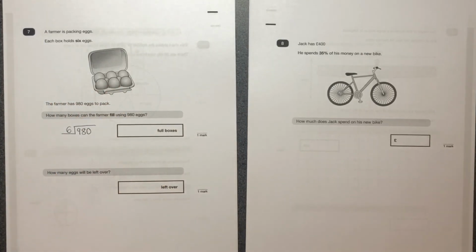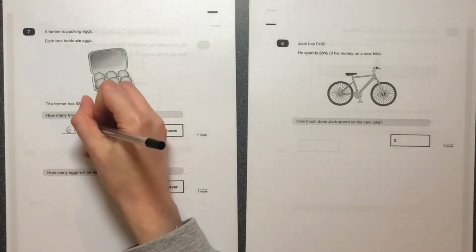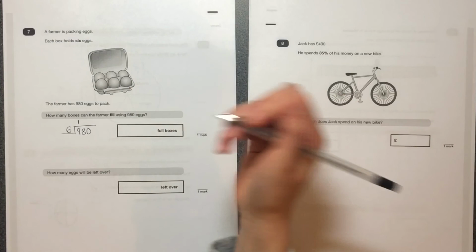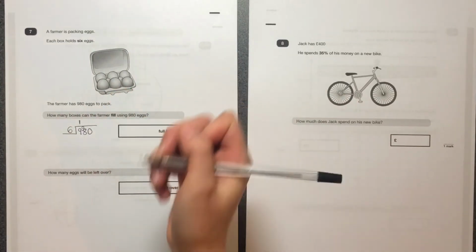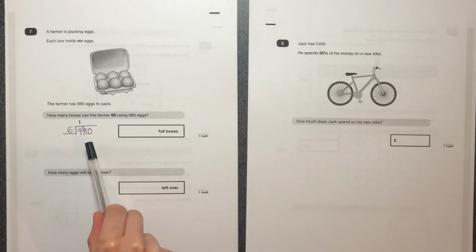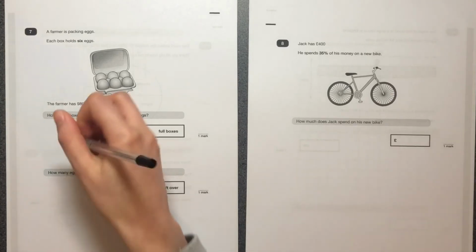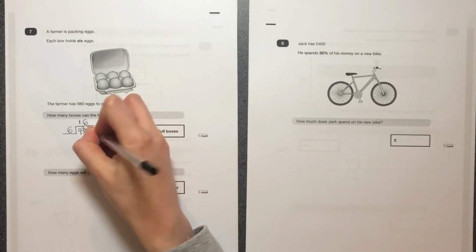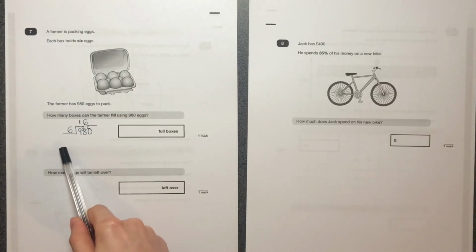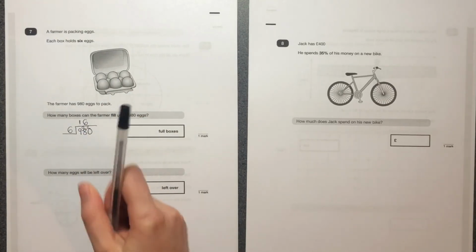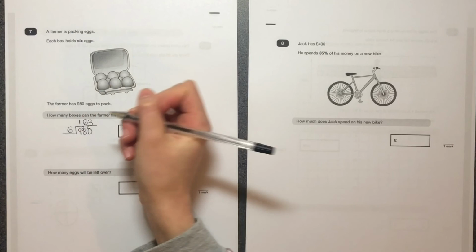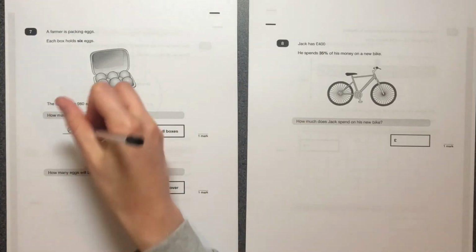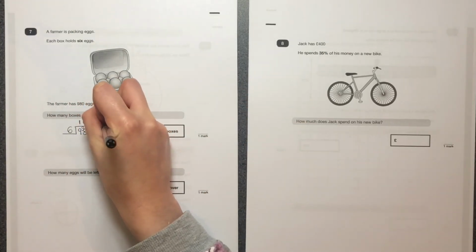980 divided by 6. 6 goes into 9 once, with a remainder of 3. 6 goes into 38 6 times, with a remainder of 2. 6 goes into 20 3 times, and that leaves a remainder of 2.